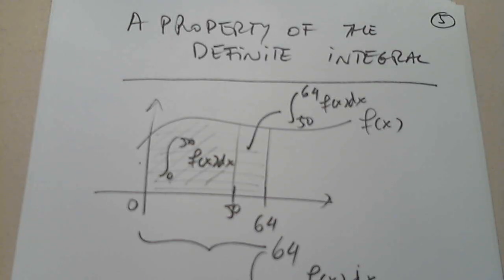Let's look at a company producing a new product, and the time required to produce each unit decreases as workers gain experience. So it's determined that T is the time in hours required to produce the X unit. Use this information for exercises 67 and 68.